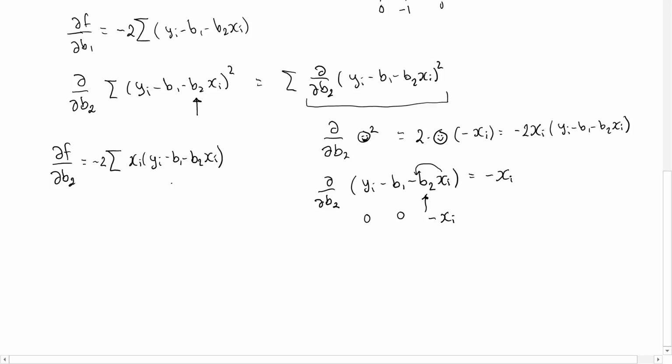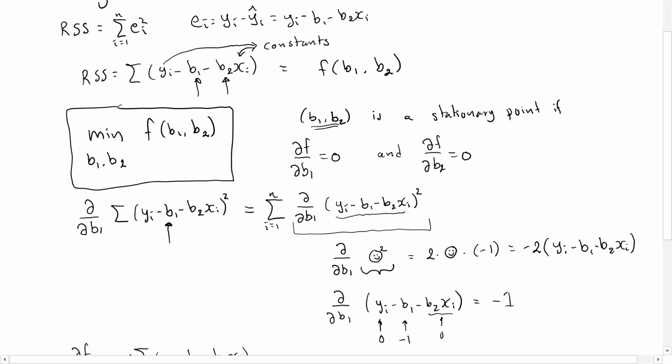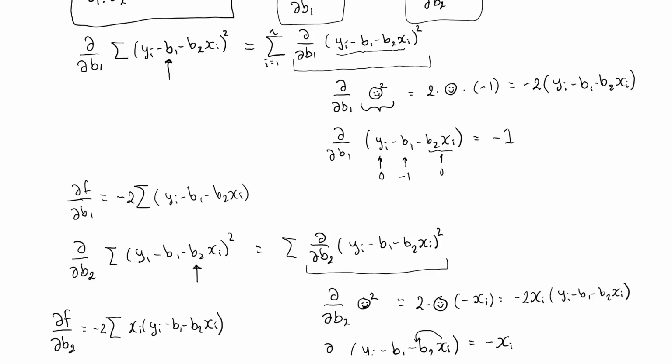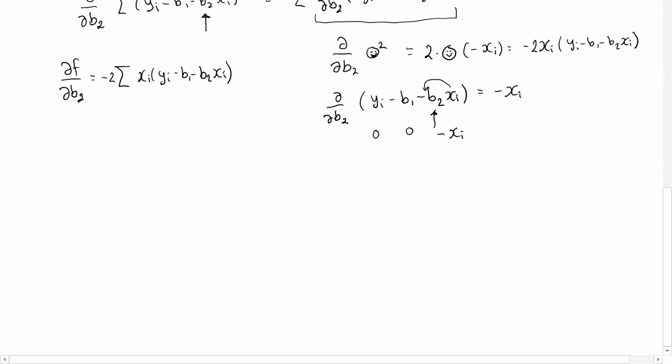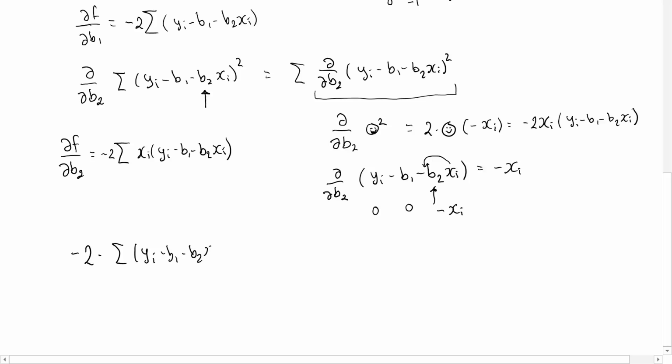Okay, so going back to where we left off with the partial derivatives, remember that a point is called a stationary point if these derivatives are 0. Well, now we have actually found these partial derivatives, so we need to set them equal to 0. So in the first case, the first partial derivative is minus 2 times the summation of yi minus b1 minus b2 xi.